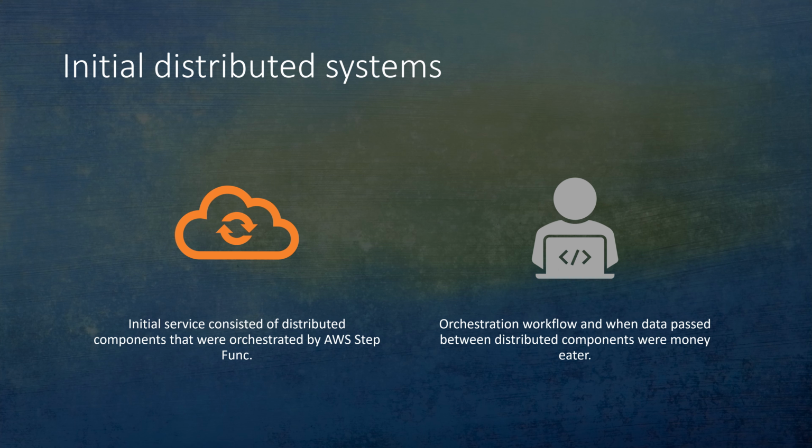To address this, they moved all the components into a single process to keep the data transfer within the process memory, which also simplified the orchestration logic because they compiled all the operations into a single process. They could rely on scalable Amazon Elastic Compute Cloud EC2 or Amazon Elastic Container Service ECS instances for deployment.